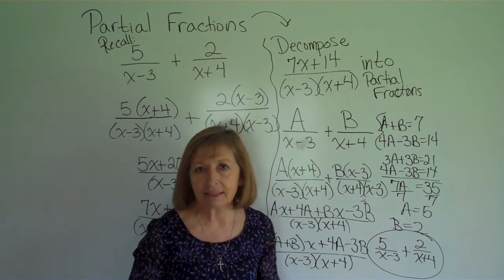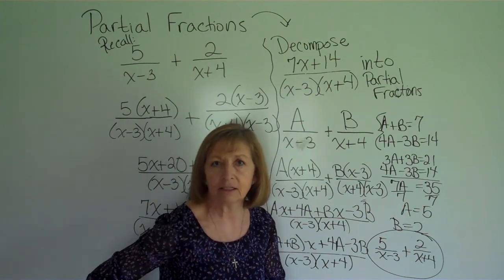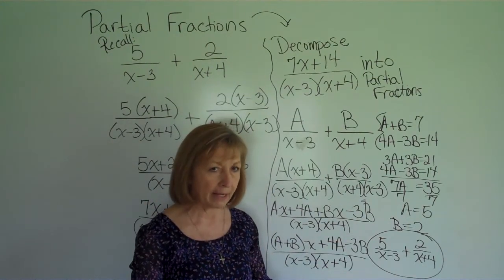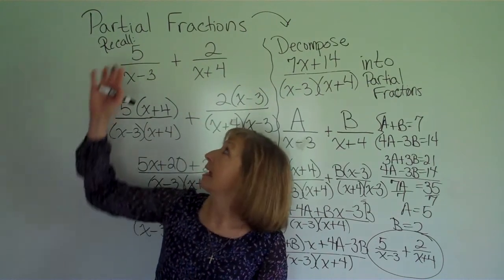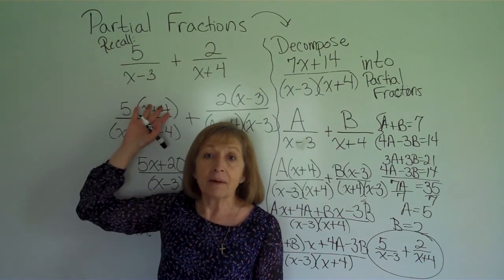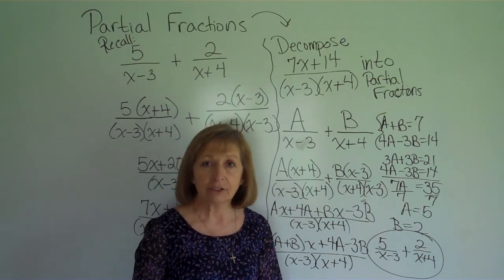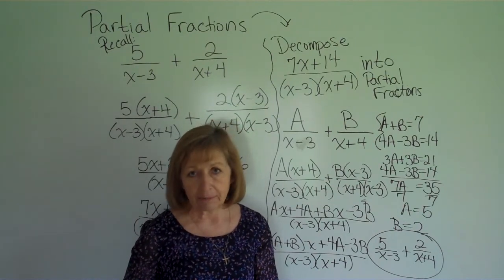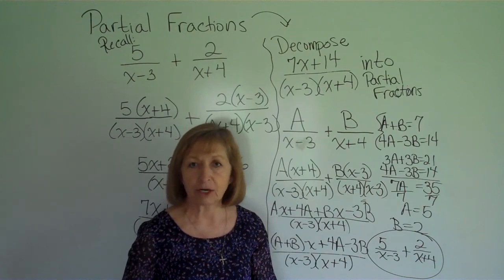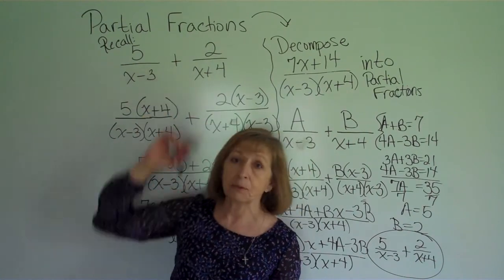Now we were doing this in terms of recalling the old process and then going backwards on it. Remember, if it says to just combine these fractions or perform the operations or whatever, then you automatically know you're building to get your common denominator and adding them or subtracting them if that's the operation that's between them.